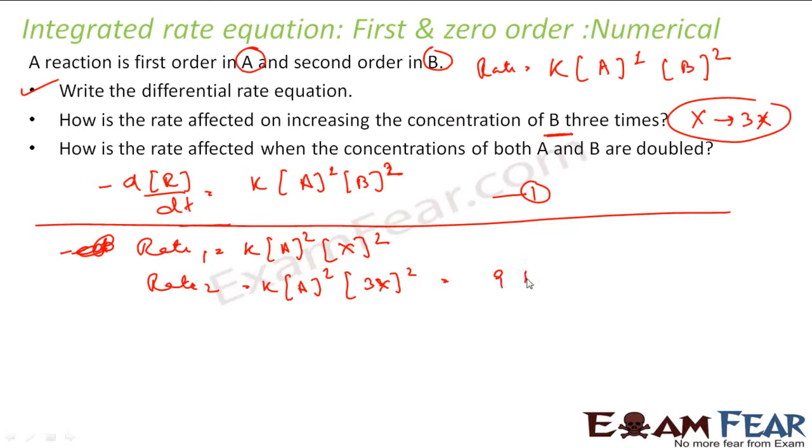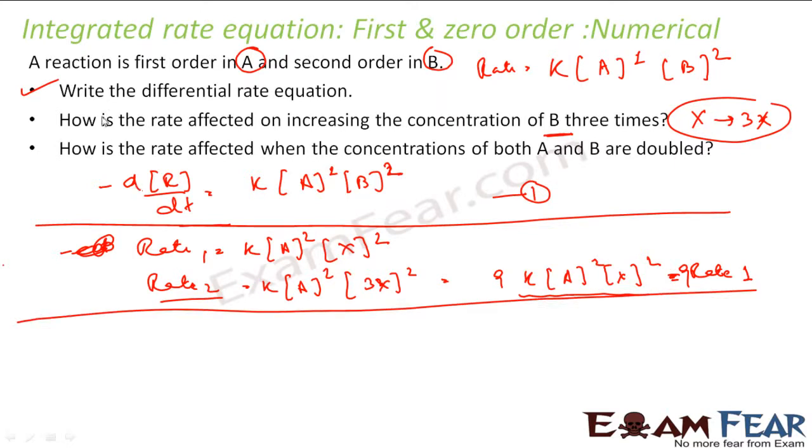This is nothing but 9 into k a x squared, and this whole thing is nothing but rate 1. Correct? This becomes 9 into rate 1. So rate 2 is nothing but 9 times rate 1. That means the reaction rate has become 9 times.